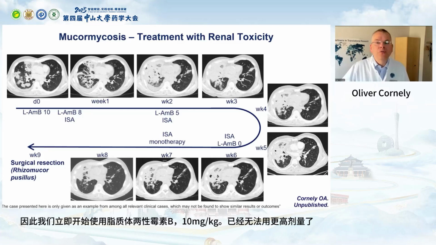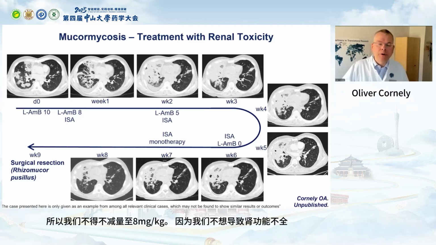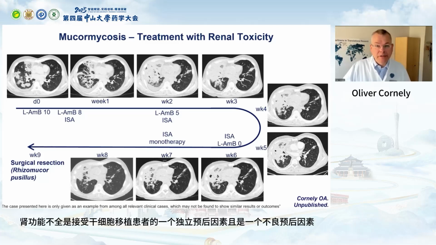The kidney function was unremarkable, but after 2 days, the creatinine went up. So we had to reduce to 8 milligrams because we did not want to cause renal insufficiency, as renal insufficiency is an independent negative prognostic factor for patients undergoing stem cell transplant.